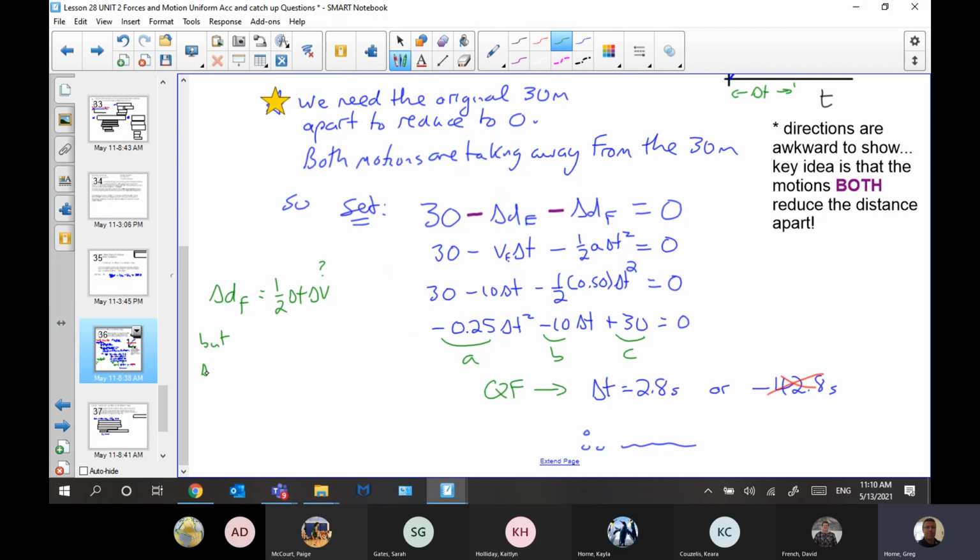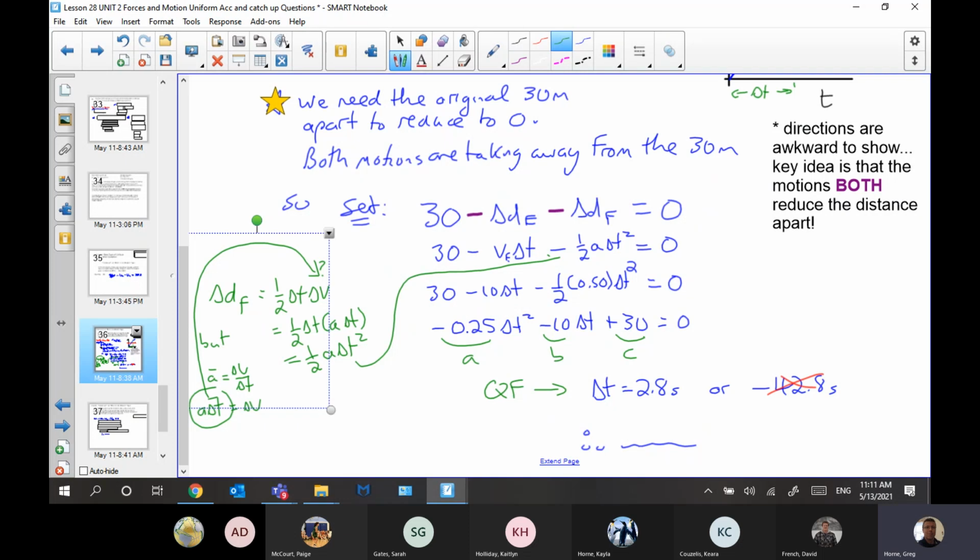Luckily we know acceleration equals delta v over delta t. And so we are solving for delta v, getting acceleration delta t, and that is plugging in to there. And then that gives us 1/2 delta t times acceleration delta t, which gives us 1/2 acceleration delta t squared. That is what I used there.